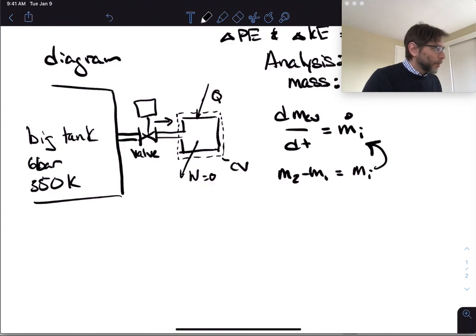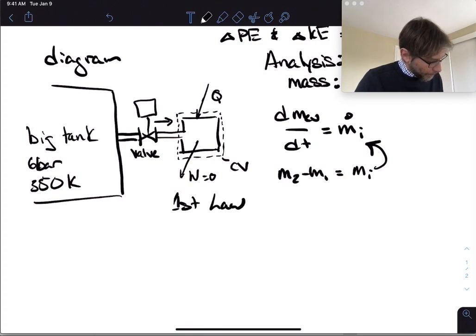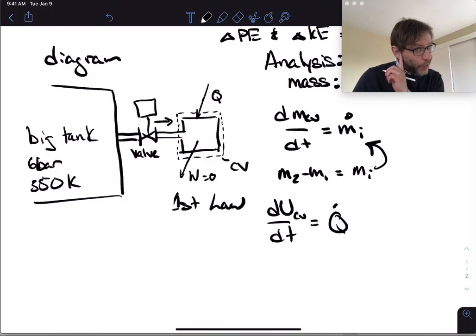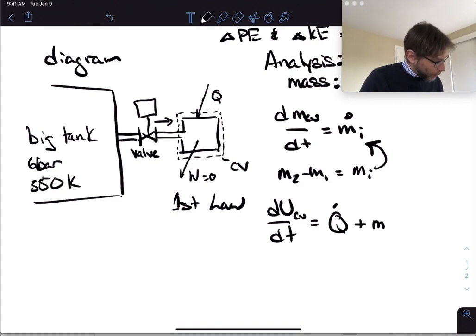We also know from the first law that dU/dt of the control volume is equal to Q dot minus W dot, which is 0, so I'll just leave it off. I'm leaving kinetic and potential energy off too. Plus m dot_i h_i.